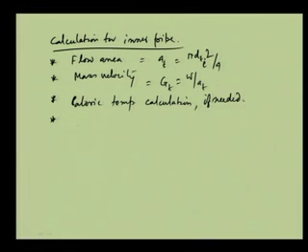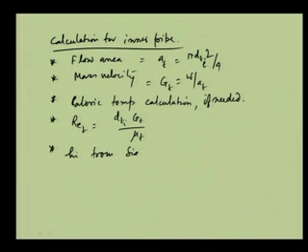Then comes the Reynolds number calculation for tube side, it will be dTI into GT by mu, that is rho V D by mu, that we know. And then calculation of hi from the correlations. Okay. Then once we know that, we can calculate HIO. So, these are the calculations for inner pipe.